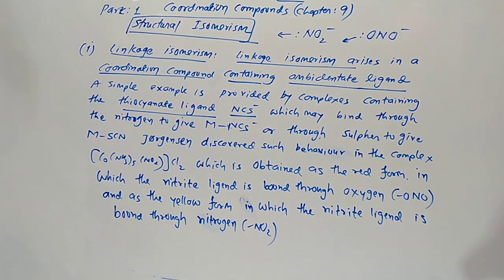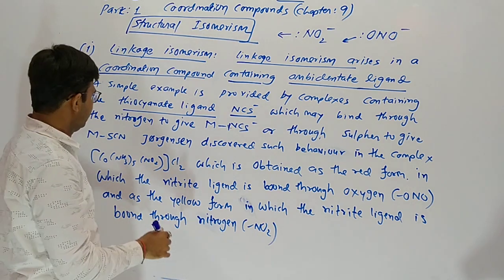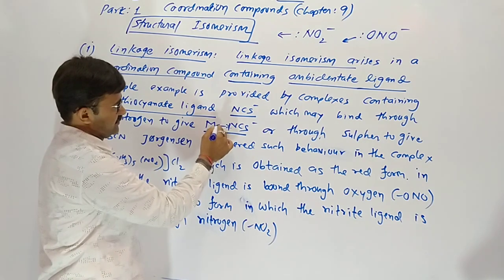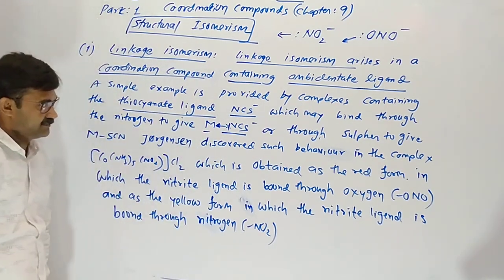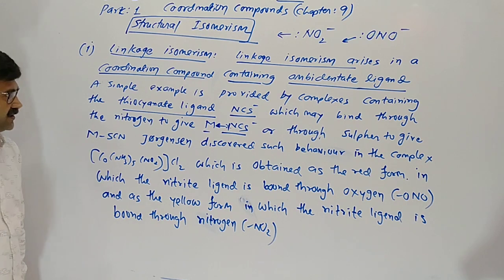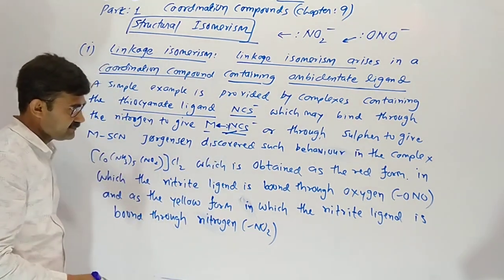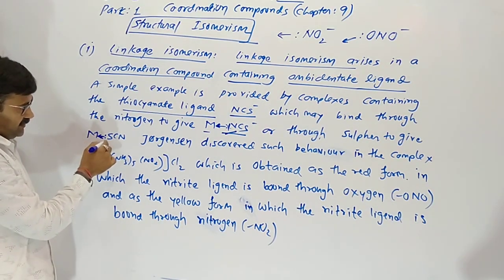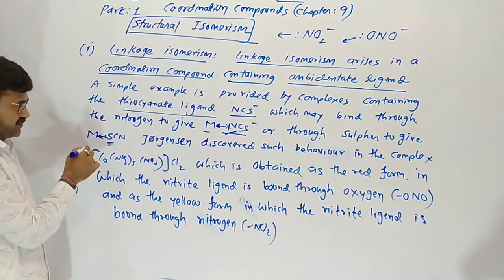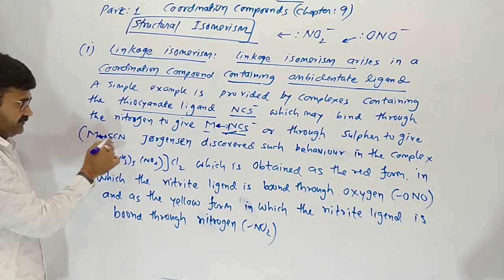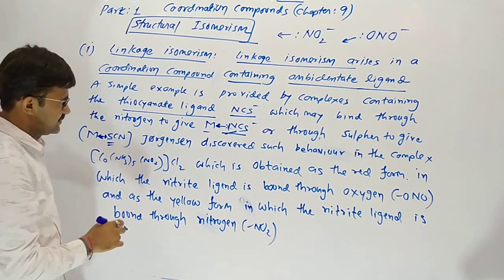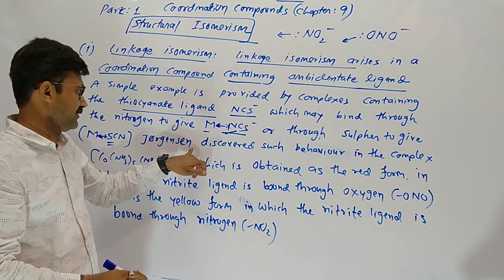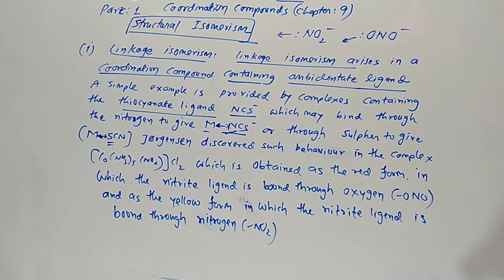We discussed thiocyanate, which may bind through the nitrogen, here nitrogen is donating electron pair to the metal, so which is thiocyanate N, or through sulfur, where sulfur donates to the metal, so thiocyanate S. You can see Jorgensen discovered such behavior. This type of isomerism was discovered by Jorgensen in the complex.